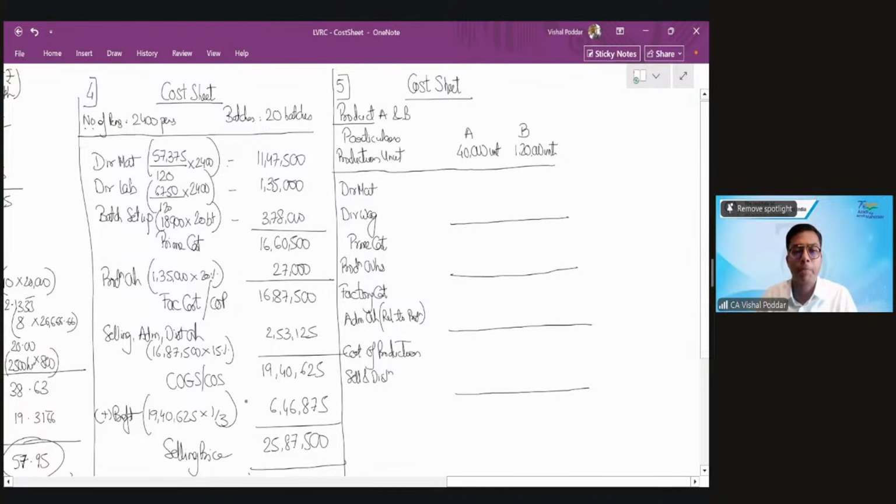You get, no, sorry. Here you have opening, closing WIP, finished goods. So cost of goods sold.